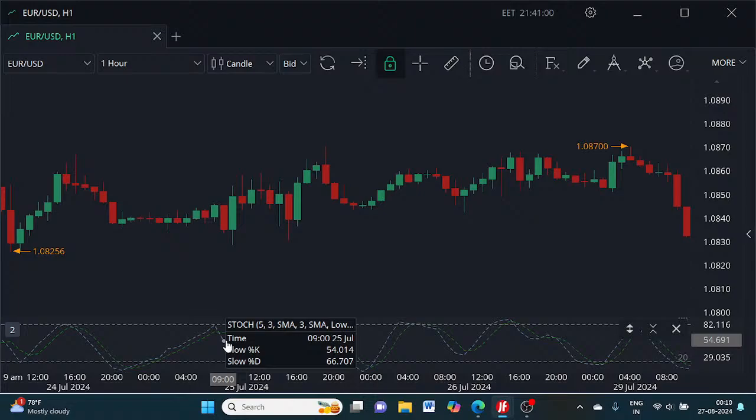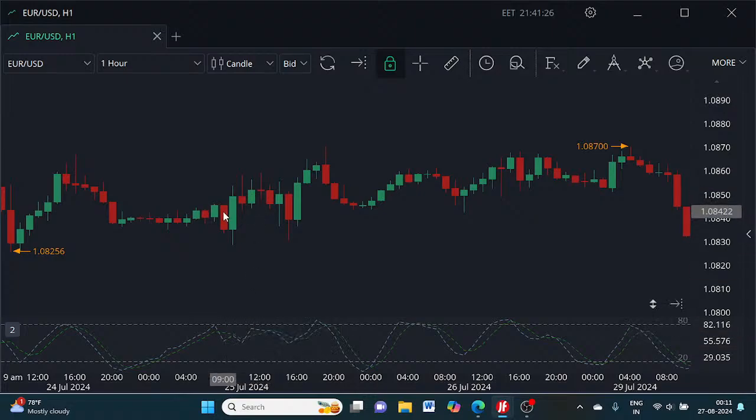If you had gone for a buy trade when percent K crossed above percent D, you can go for a sell when percent K drops below percent D. But then the catch is not all the time are these signals going to be perfect, not all the time are these signals going to be right, and that is what we are witnessing here.